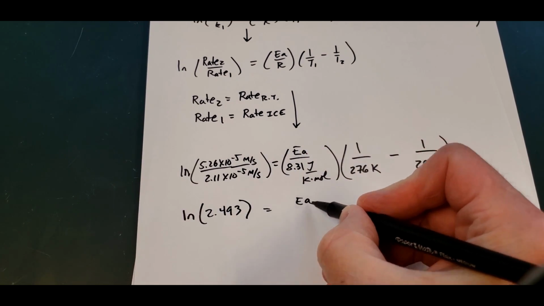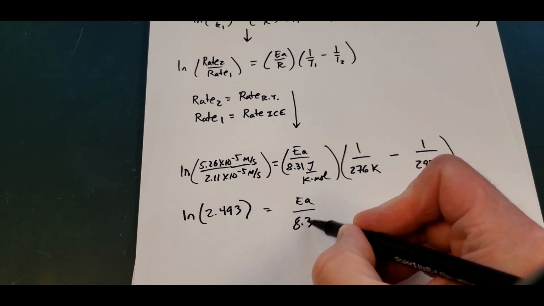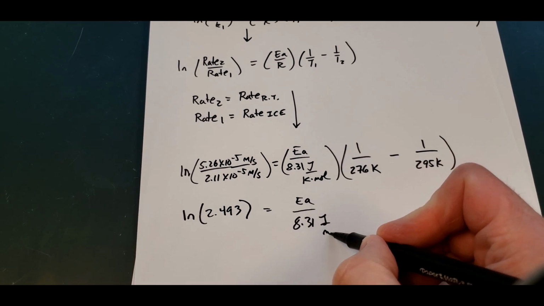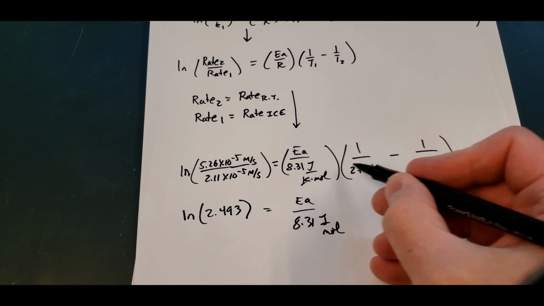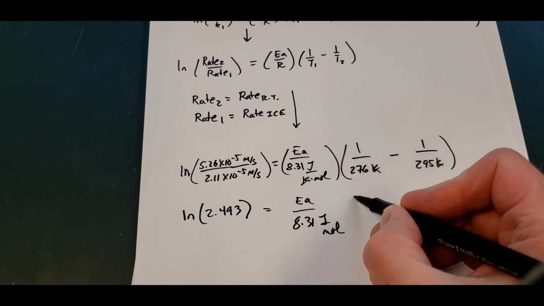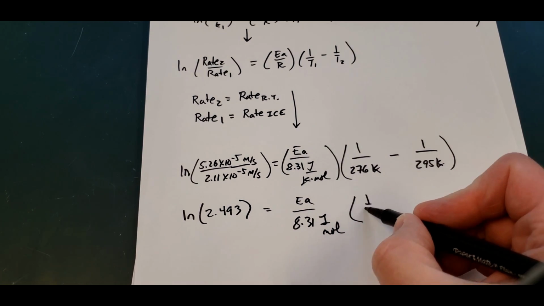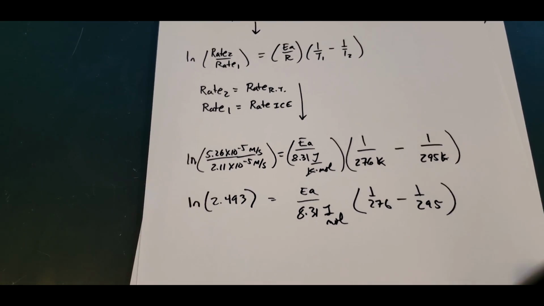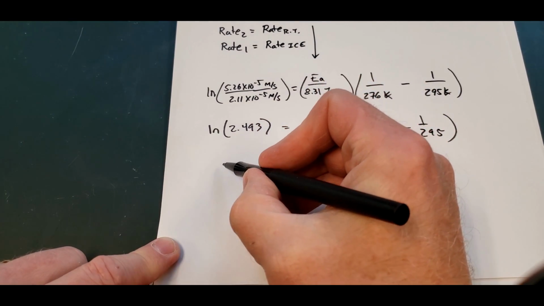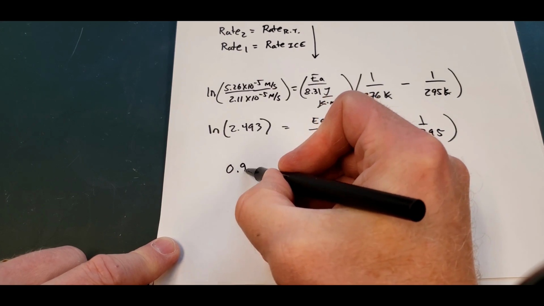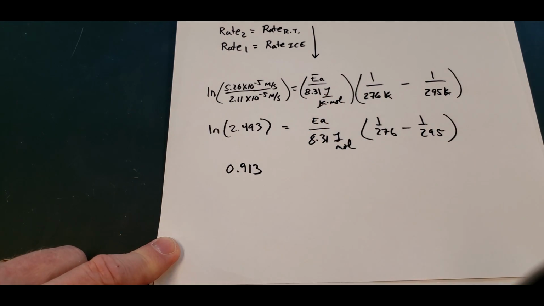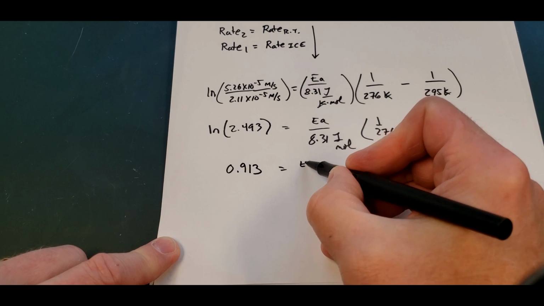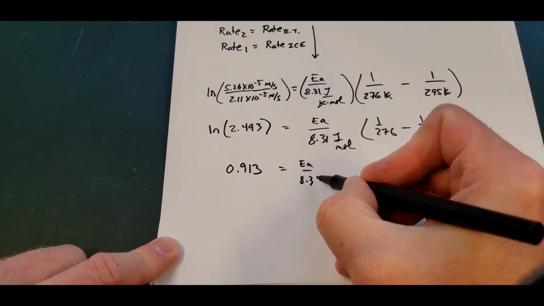We have EA over 8.31 joules per mole. These K's will cancel. And then we have 1 over 276 minus 1 over 295. And this becomes 0.913 over here. EA over 8.31.